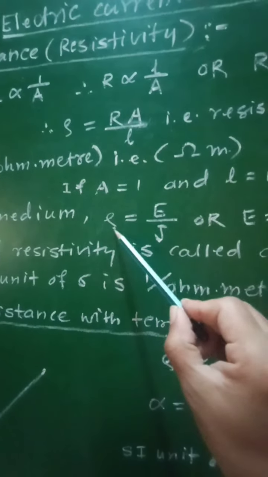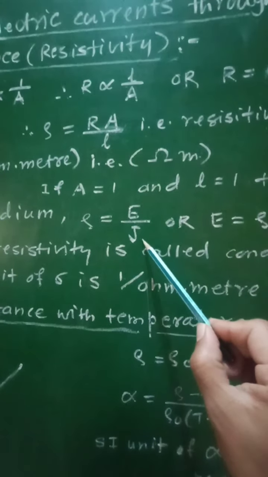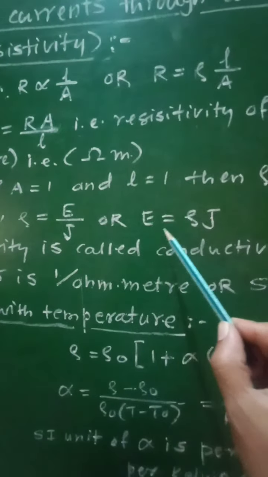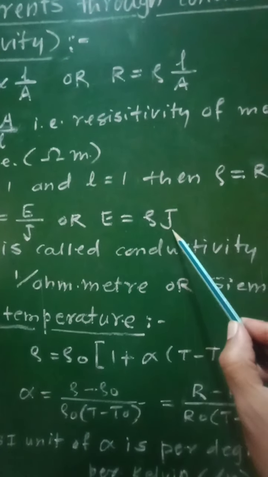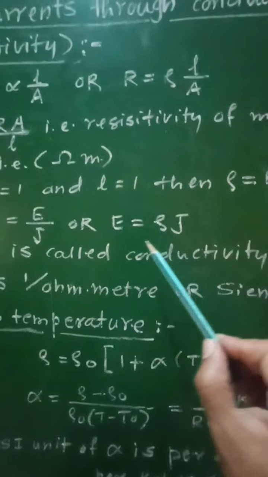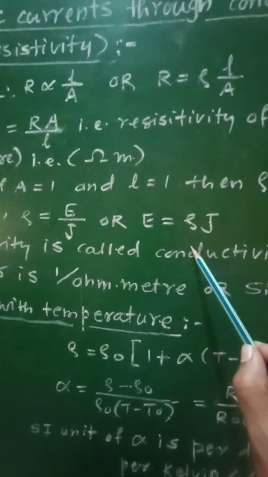So electric field will be equal to rho into J, that is specific resistance into current density.